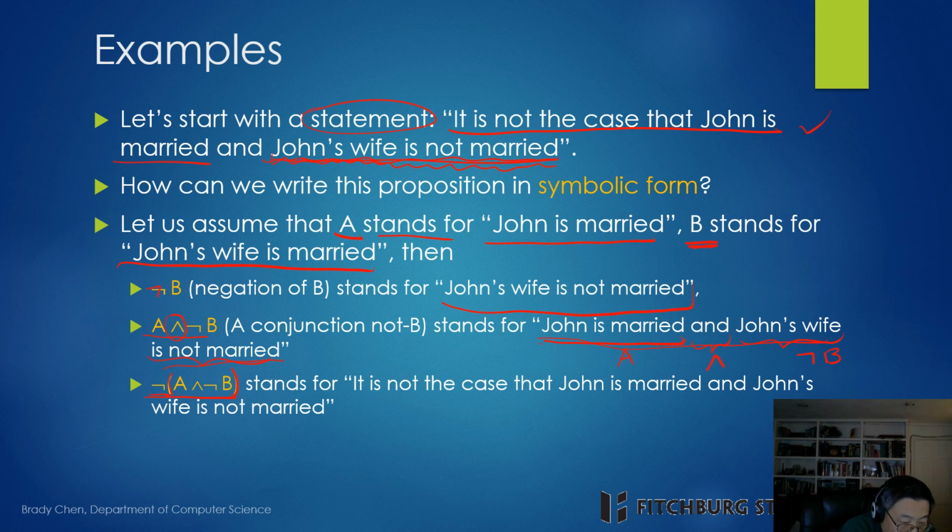This form basically stands for it is not the case that John is married and John's wife is not married. So here we start from very simple propositions A and B, and then we build a very complicated statement. Okay, so that's just one example.